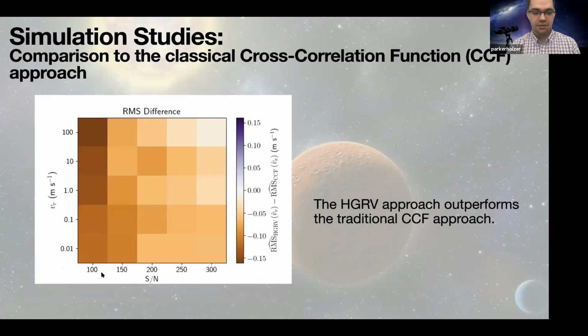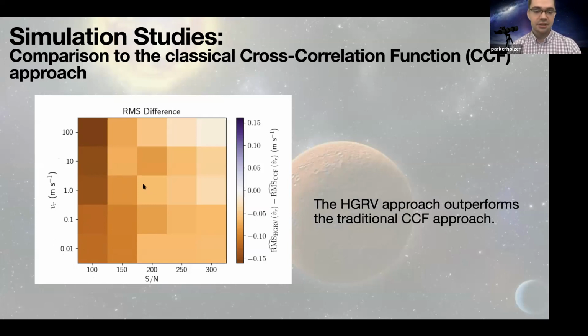We tried it out for a variety of noise levels that pretty much cover the typical signal-to-noise ratios you get with spectra nowadays, and for a variety of true radial velocities, ranging from 0.01 meters per second all the way up to 100 meters per second. An Earth-like exoplanet would be down here at about 0.1. And most of the exoplanets that have been discovered are well within this range.